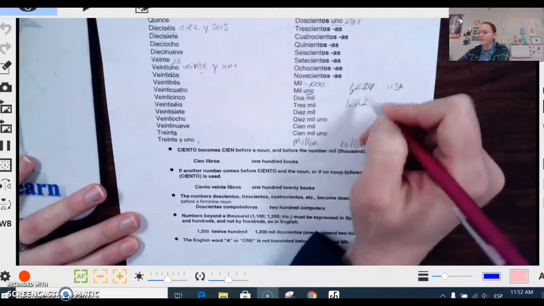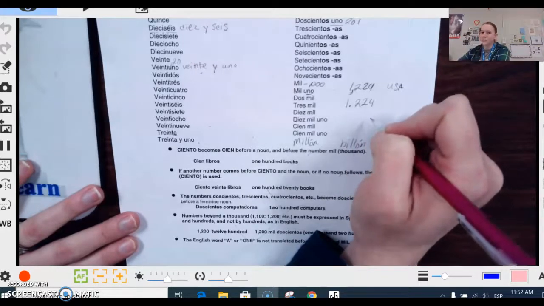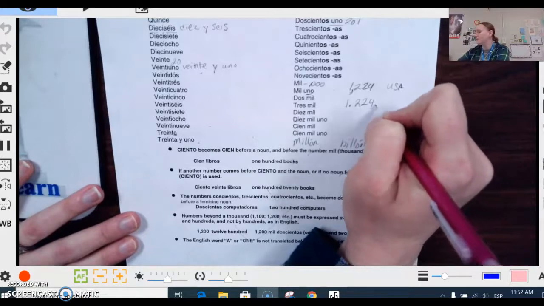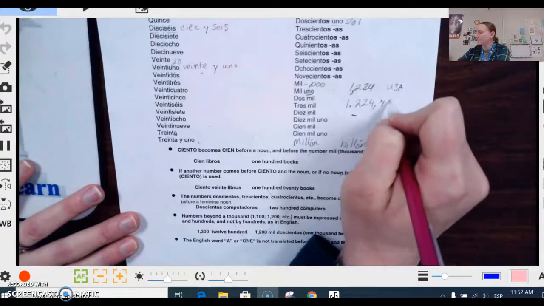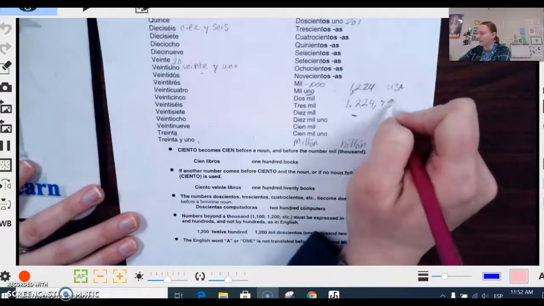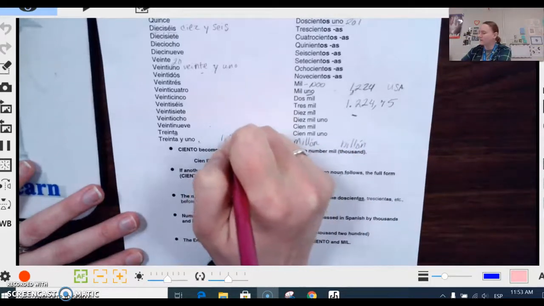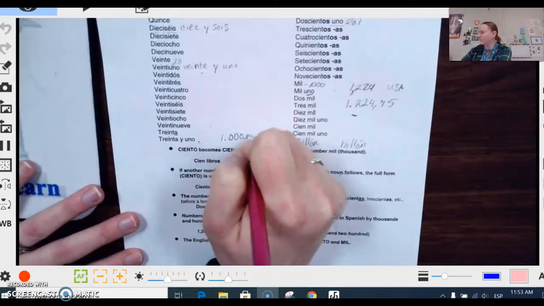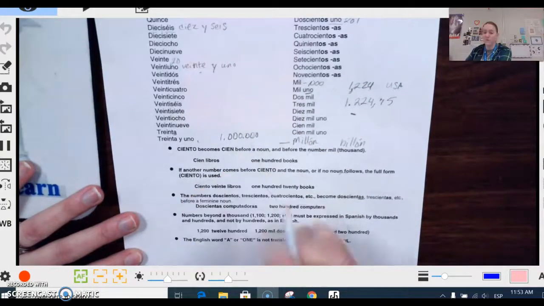Okay? This is the same number. If I wanted to have 1,224.75, it would look like this. Okay? So 1 million in Spanish is going to look like this, with decimal points instead of commas.